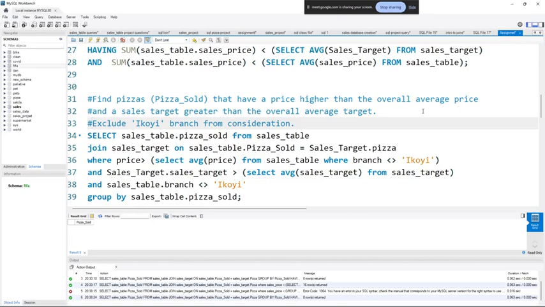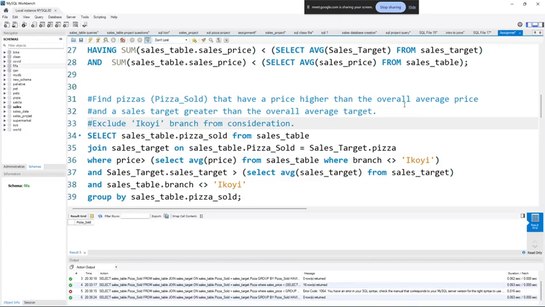Look at the question: find pizzas that have a price higher than the overall average price. In my answer, I need to see only those pizzas, right? I don't want to see their price. I want to see those pizzas. So just a column. Do you understand?